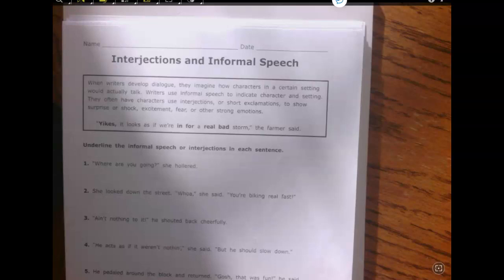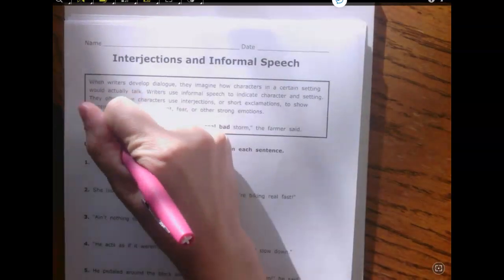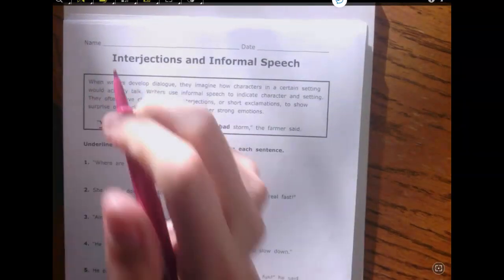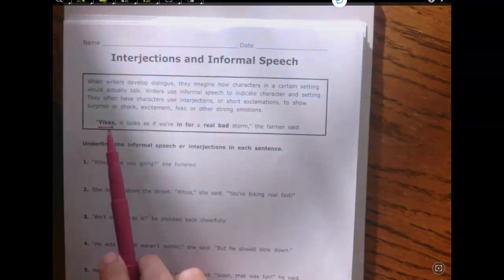Writers use informal speech to indicate character and setting. They often have characters use interjections or short exclamations to show surprise or shock, excitement, fear, or another strong emotion. So, for example, yikes! That would be what we call an interjection.